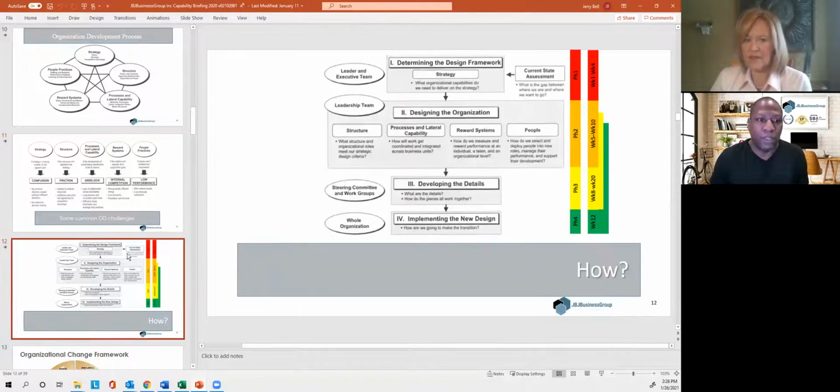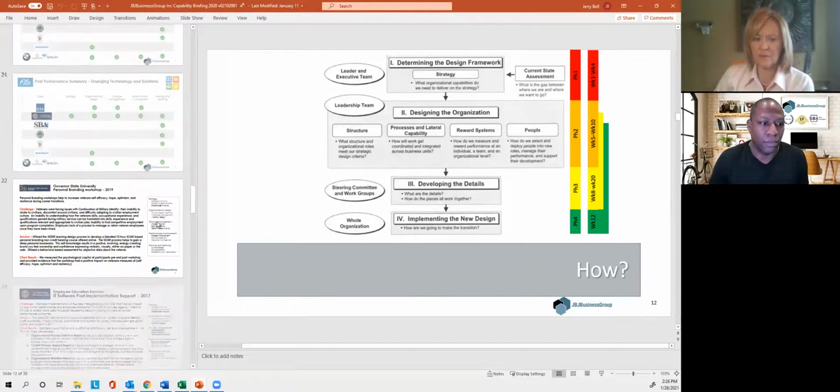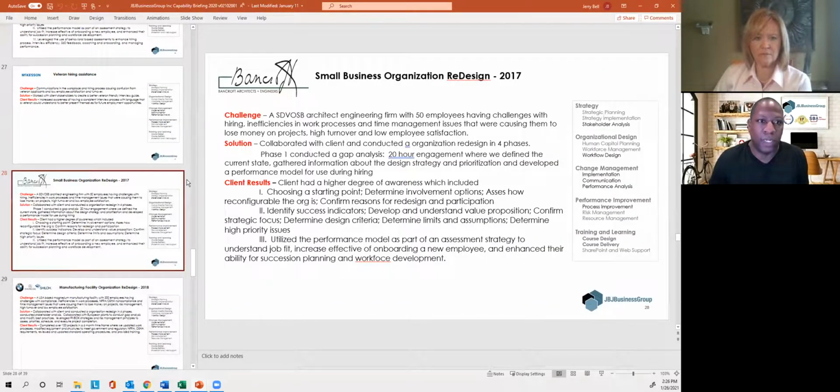So without telling us the names of the organizations, can you give us an example of how applying that framework then highlighted what their issue was? Absolutely. So here's an example. We worked with a small engineering company. Okay.